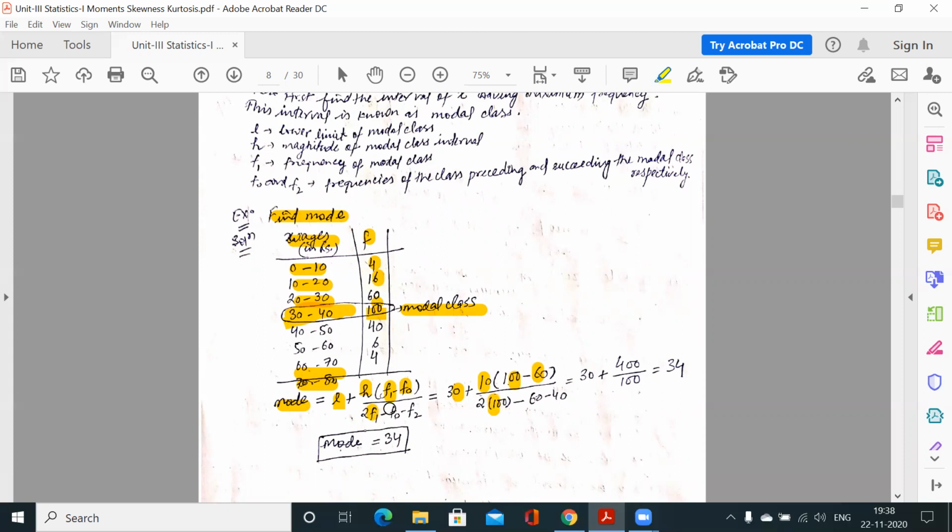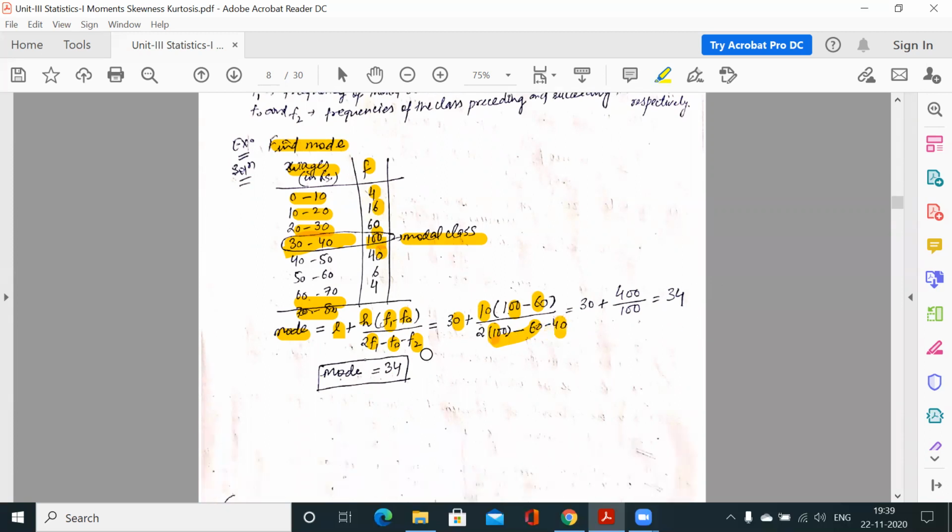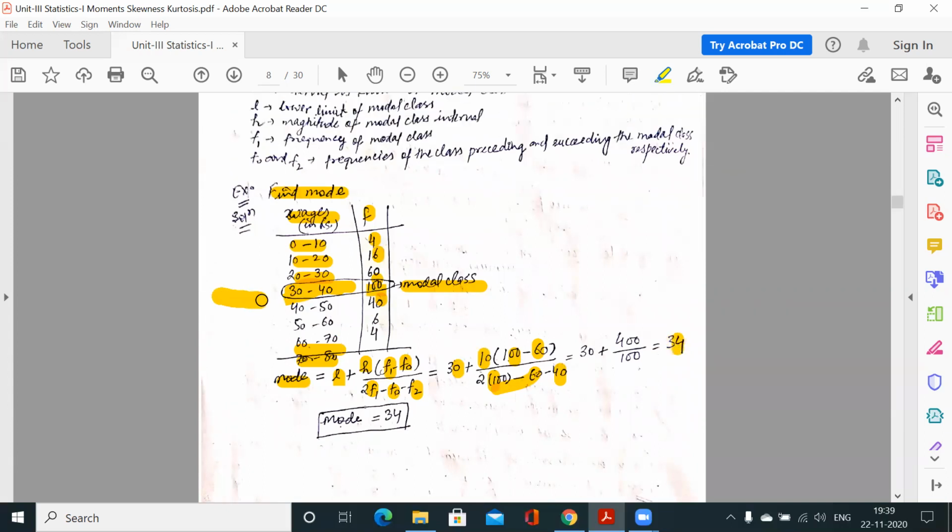F2 is the frequency after the modal class. So this is F1, this is F0, and this is F2, which is 40. Calculating this expression, we get 34. It must come between this range, 30 to 40. So the mode is 34.